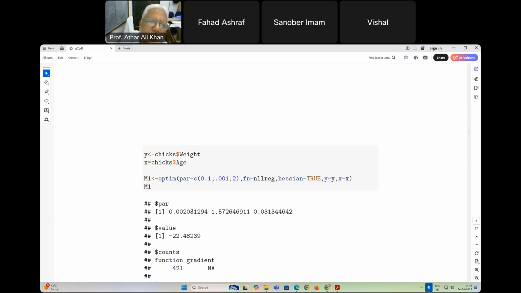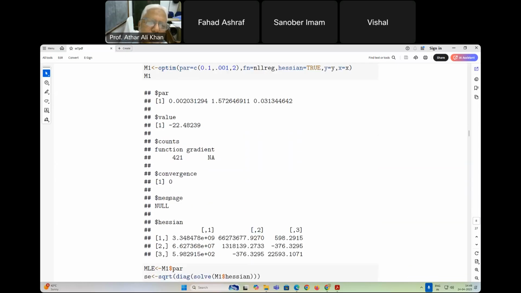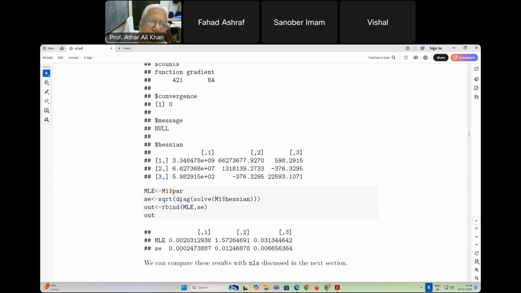And these are the parameter estimates, the maximum likelihood estimates. These are the estimates, and this is the value of the objective function at the optimum point. Convergence 0 means it has good convergence, and then this is the Hessian matrix. And from this, this is the ML par, so these are the maximum likelihood estimators.